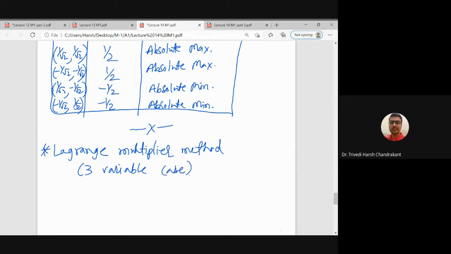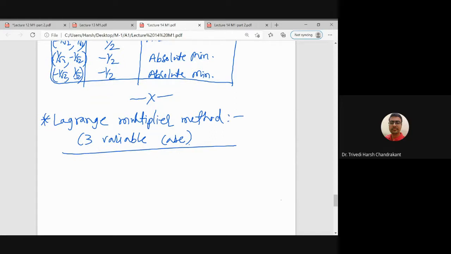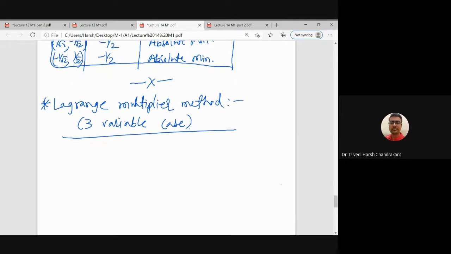In fact, the Lagrange multiplier method can be applied for more than three variables also mathematically, but it is usually easy to find for a multivariable function.